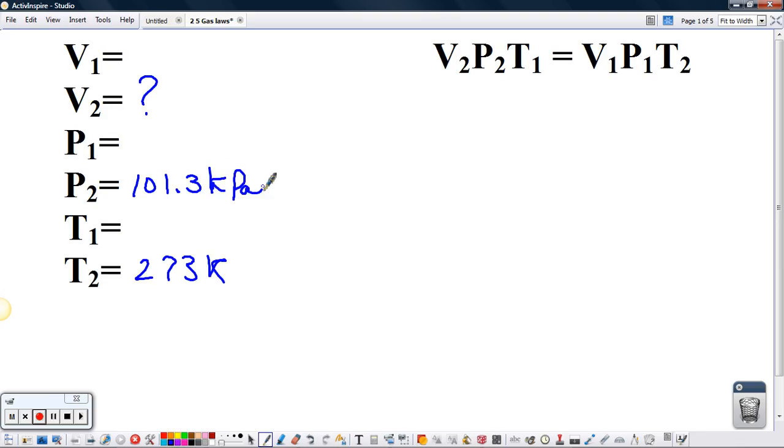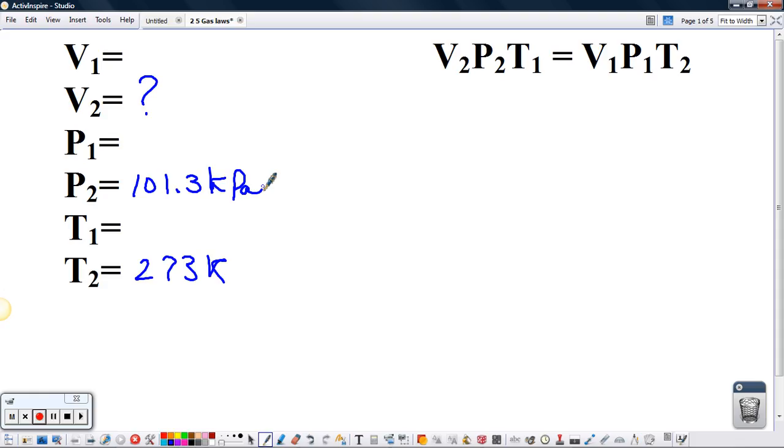I can choose any unit of pressure, but I chose kPa because the other pressure in the problem is in kPa. I want to save myself a step. Yes, I'm on page 3, number 1A, bottom of the page. Combined law. All right? You understand why I picked kPa? Save myself some work.